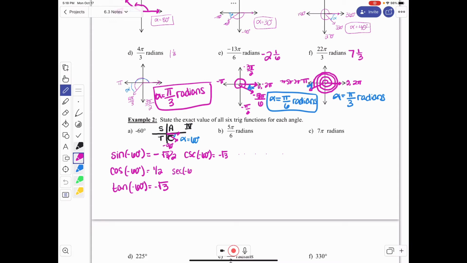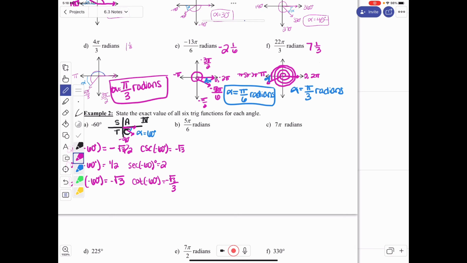Secant of negative 60 is going to be 2. And cotangent of negative 60 is going to be negative square root of 3 over 3. So the important thing here is to make sure that you get your signs correct.